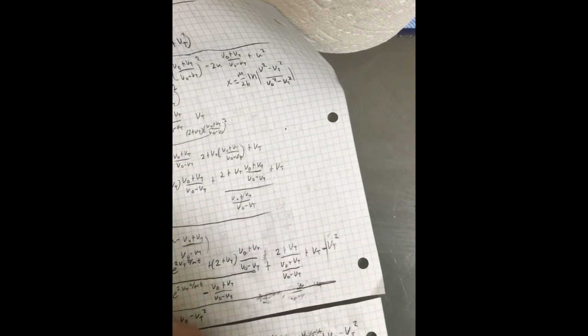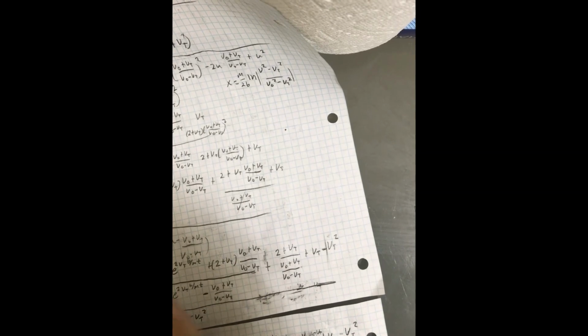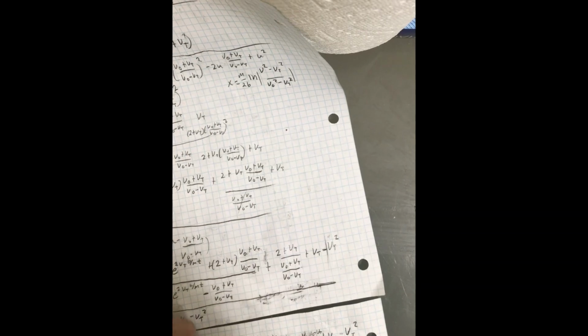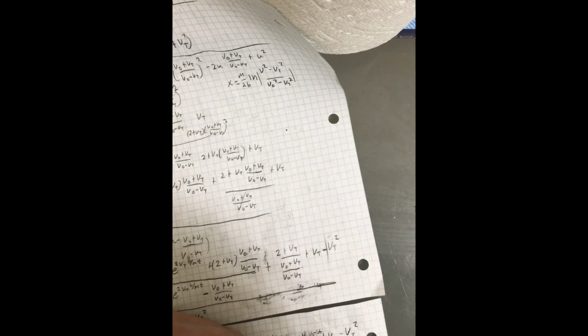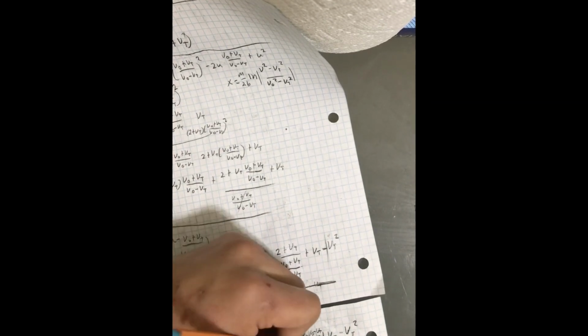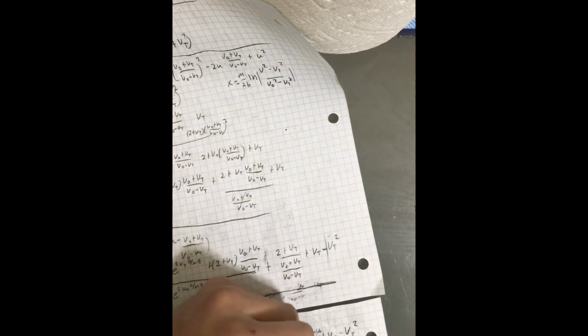No, we can't, never mind. Although I am kind of curious what that would evaluate to. And this is just going to be over v naught minus vt squared.